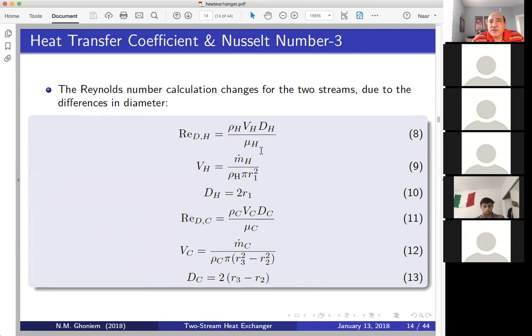And roughly when you have Reynolds number in the thousands, then you know that you have a turbulent flow, and that's what you're going to compute for the water properties that we have.